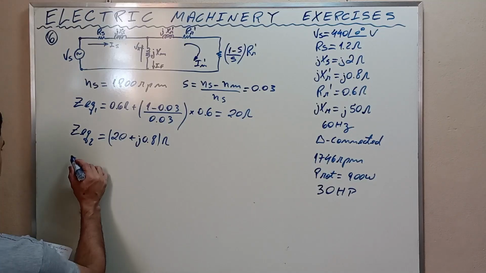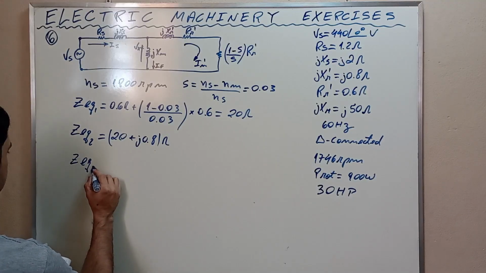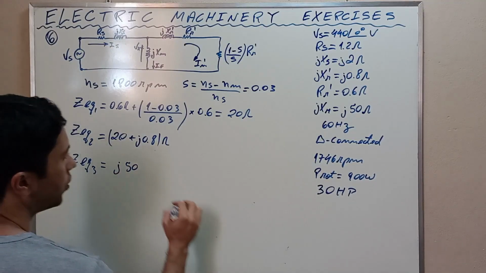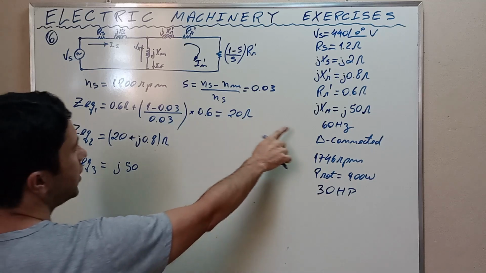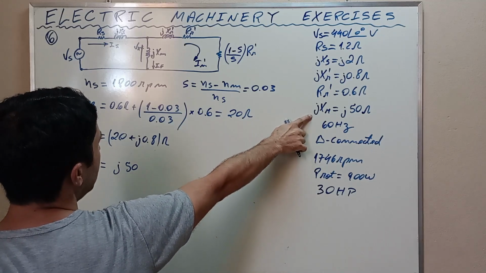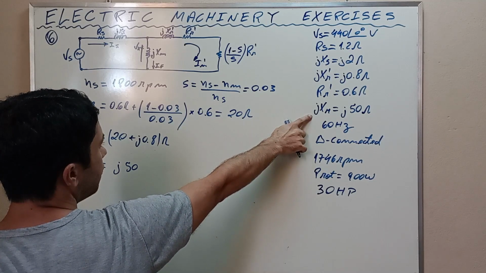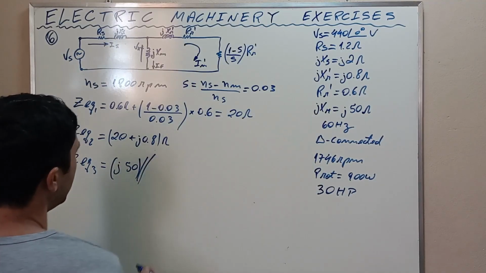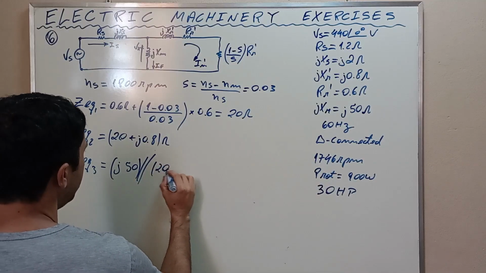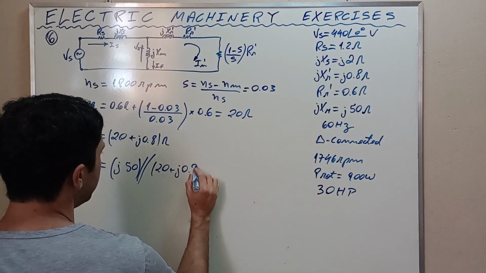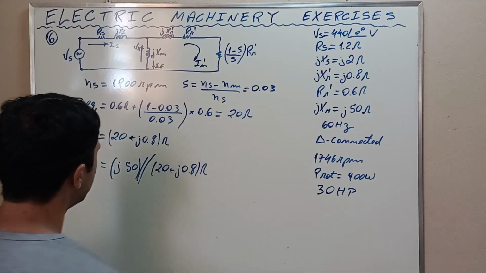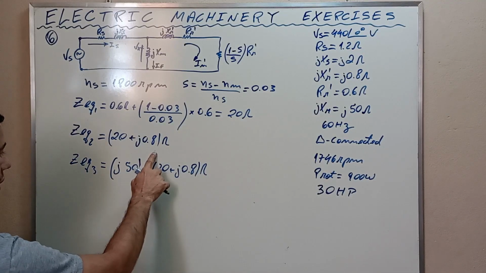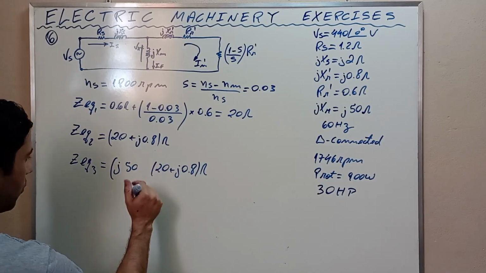Then equivalent impedance number 3 is going to be j50. The exercise says that the magnetization reactance is j50, and this is going to be in a parallel connection with 20 plus j0.8 ohms. This symbol here means parallel connection.